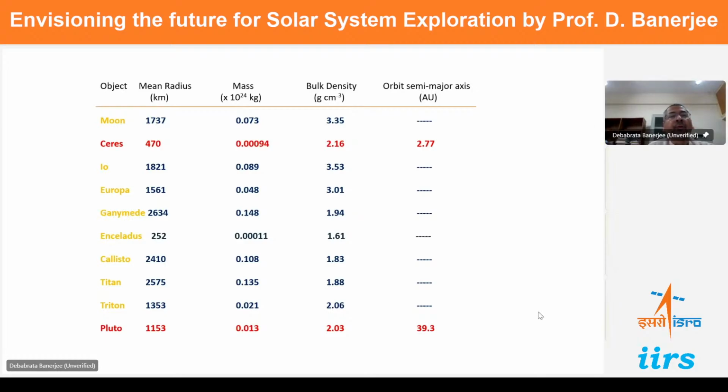If you look at other particular bodies of interest, particularly where the possibility of life has been raised, one is, of course, Mars, where there's been a lot of work. But you can see a satellite of Saturn, which is listed here, Enceladus, which has a mean radius of 252 kilometers. And its bulk density is 1.6.